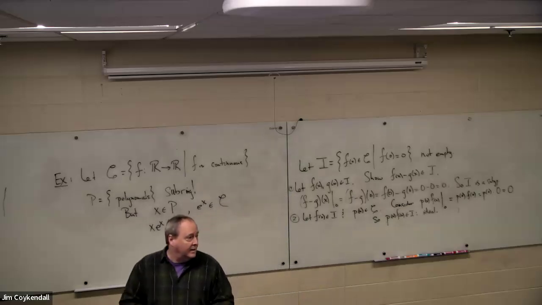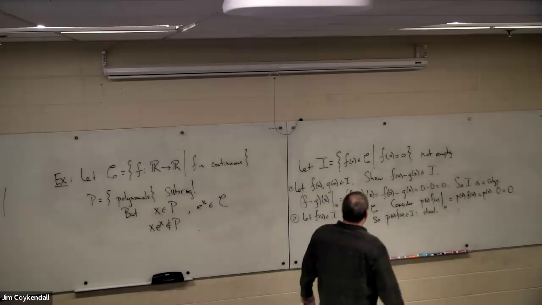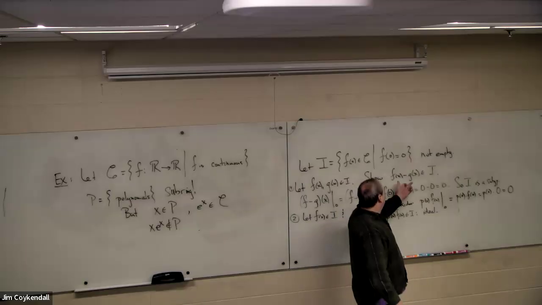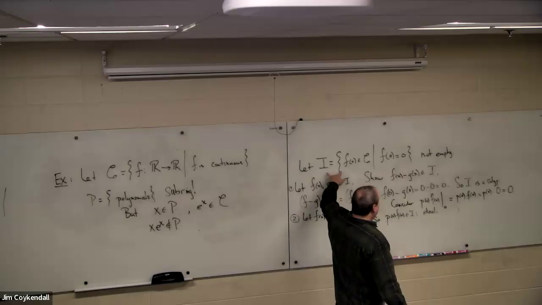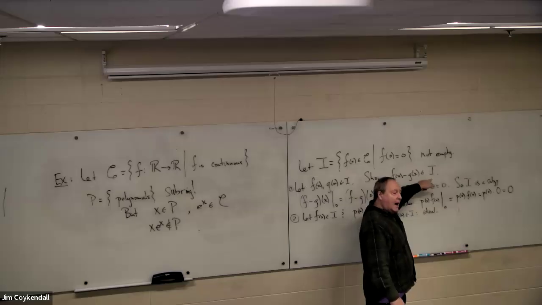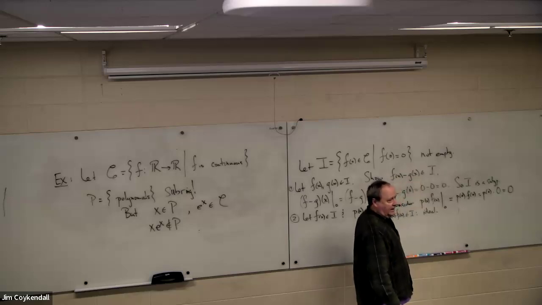So a little confused about the subtraction. Where? Right here, the f of x minus g of x. Right. So what we're trying to do is show that if you have two elements that live here, then the difference of those elements lives in I. How do we tell if this thing, or in general, anything lives in I? You plug zero into it, right?